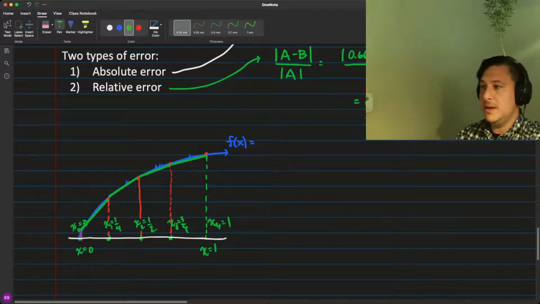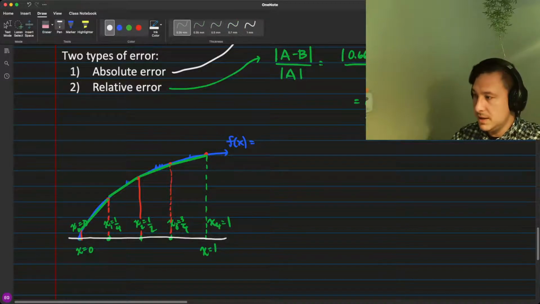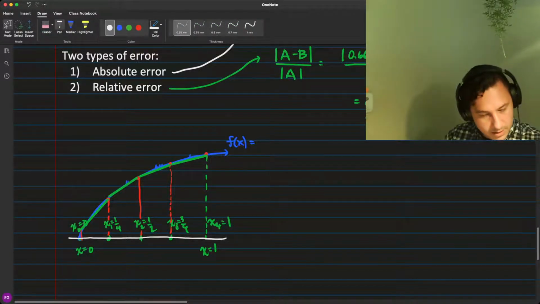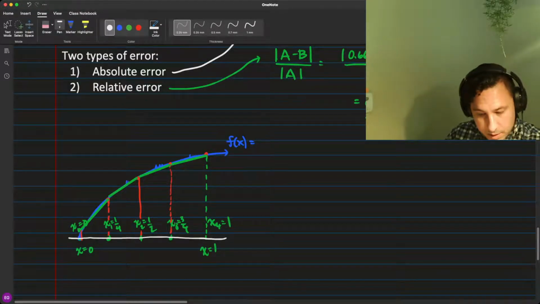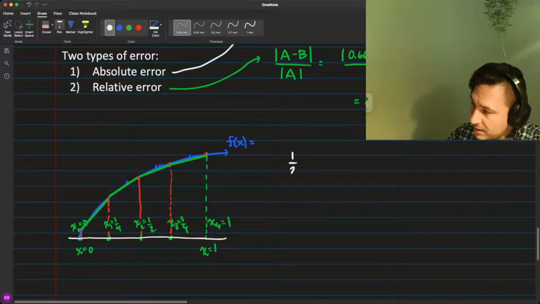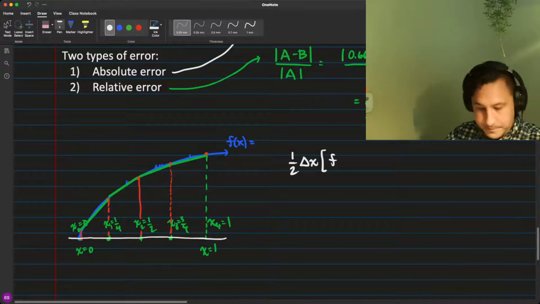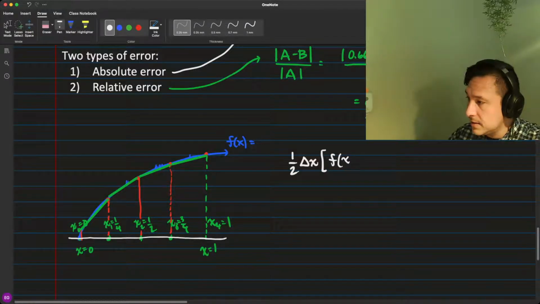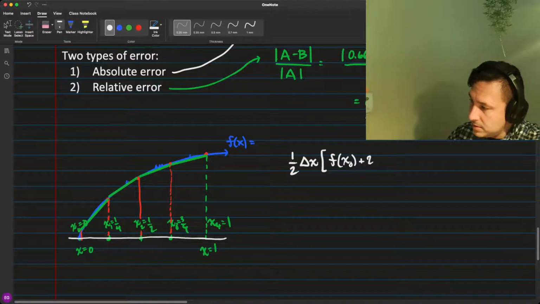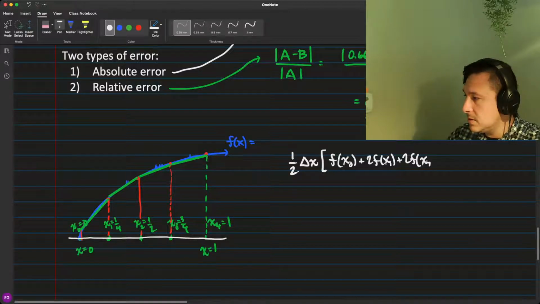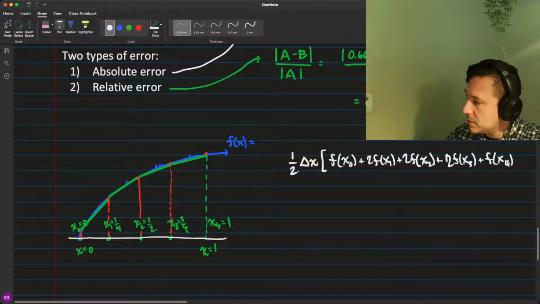Okay. Now the estimate for this is, what was the formula? 1/2 of delta x times f of x0 plus 2f of x1 plus 2f of x2 plus 2f of x3 plus f of x4.